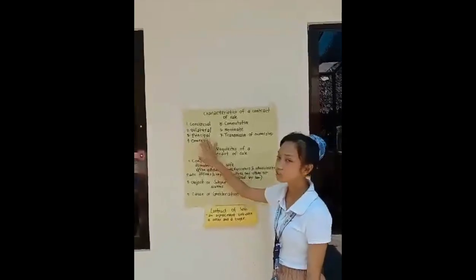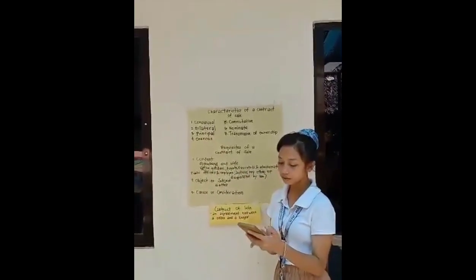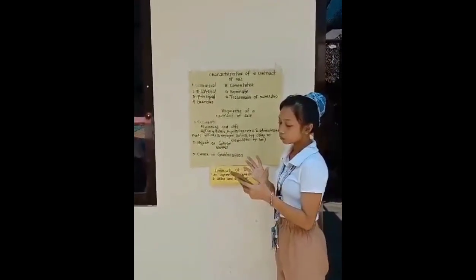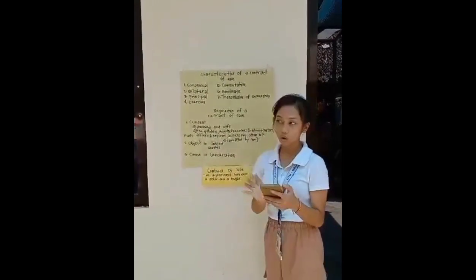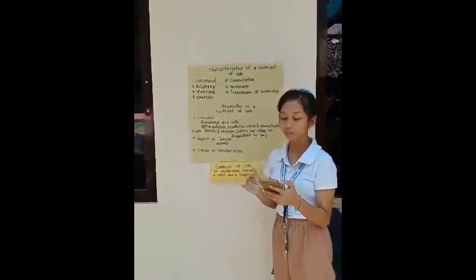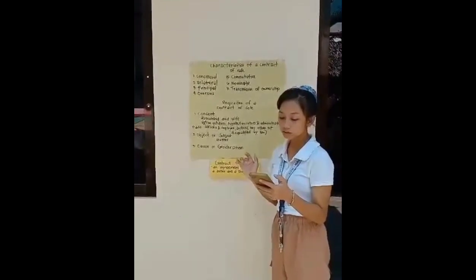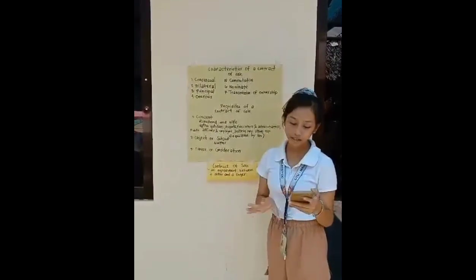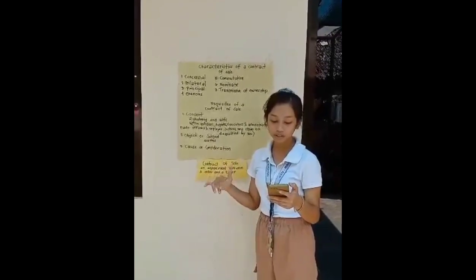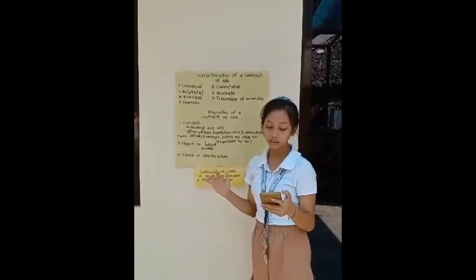The third one is principal. So, a principal contract means an agreement between the project company and one or more principal contractors relating to the provision of all or part of the project work, as amended, supplemented, or replaced from time to time in accordance with this agreement and the collateral agreements.